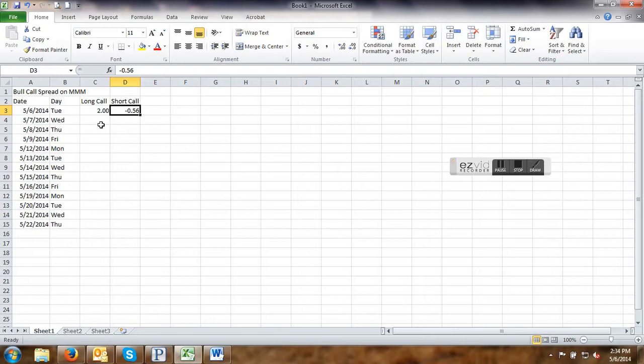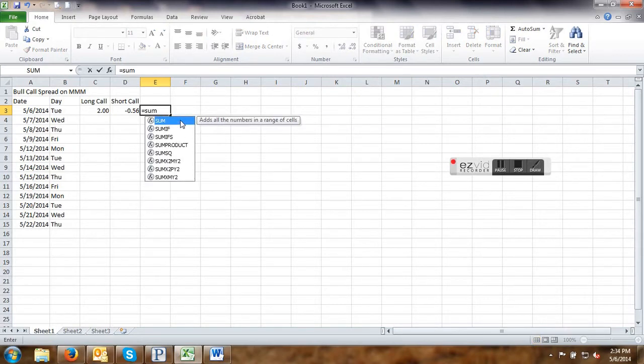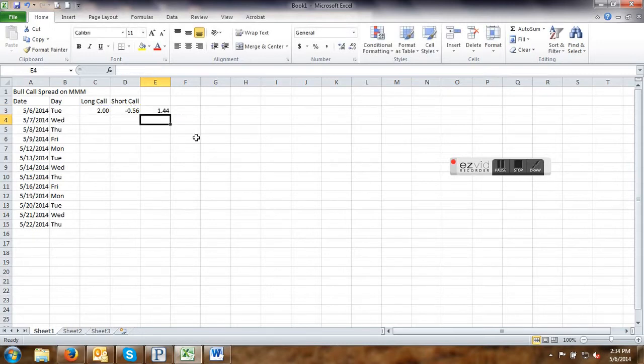So what we want to see is that the stock price moves up. When the stock price moves up, my long call here is going to go up in value. That's the thing I own. And my short call is also going to go up in value, but it's not going to go up by as much. So right now, the total cost of investment is just the sum of these guys.